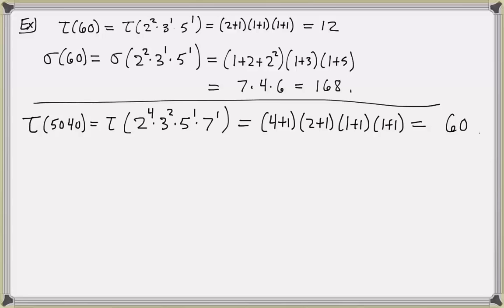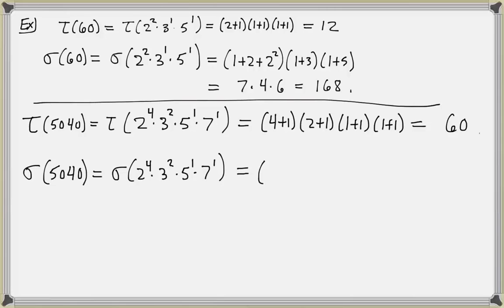What do I get when I add up those 60 positive divisors? Sigma of 5040, again, is sigma of 2 to the 4th times 3 squared times 5 times 7. So this will equal 1 plus 2 plus 2 squared plus 2 cubed plus 2 to the 4th times 1 plus 3 plus 3 squared times 1 plus 5 times 1 plus 7.